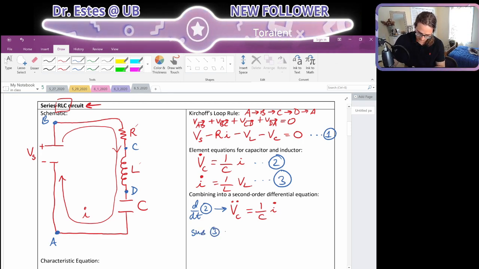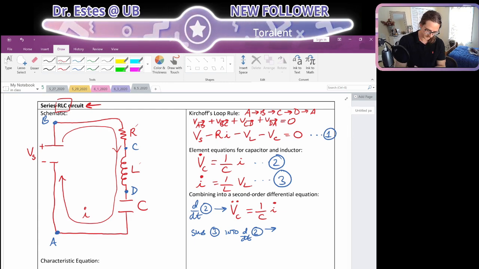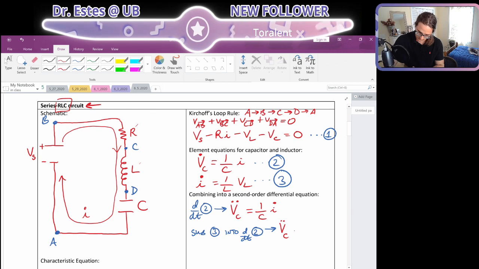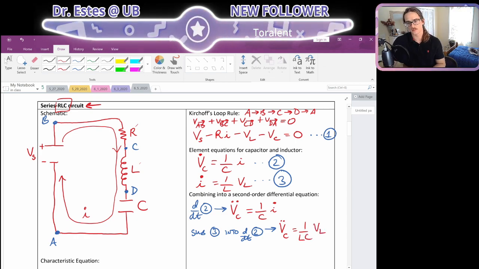So I'm going to sub 3 into the time derivative of 2. So VC double dot equals 1 over C times the time derivative of I, which is 1 over L VL. So what I'm going to do, I'm just going to call this 1 over LC VL.